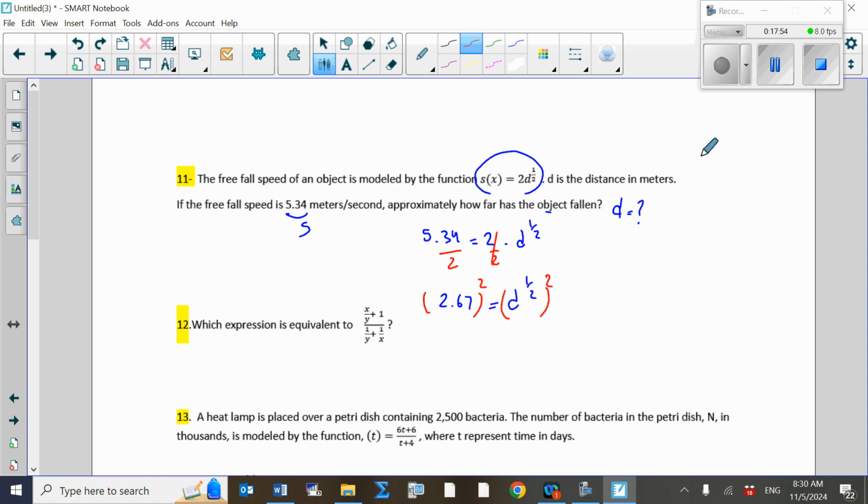Because if I have power of power, we multiply the powers. So 1/2 times 2, they cancel each other and it's equal to 1. So that's how I can get rid of the power of 1/2. So d will be 2.67 to the power of 2, which is equal to 7.1289.